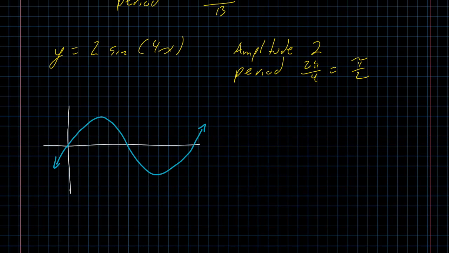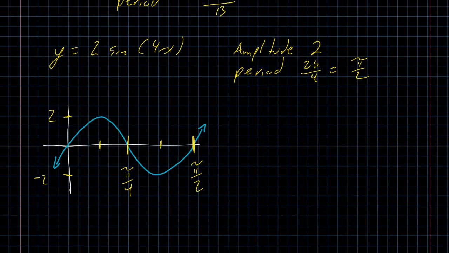But I know that the amplitude is 2. So this got up to 2, and this got down to negative 2. I know that the period is pi over 2. So this point right here must be pi over 2. Halfway between is going to be pi over 4. That's going to be where it crosses the x-axis in the middle.